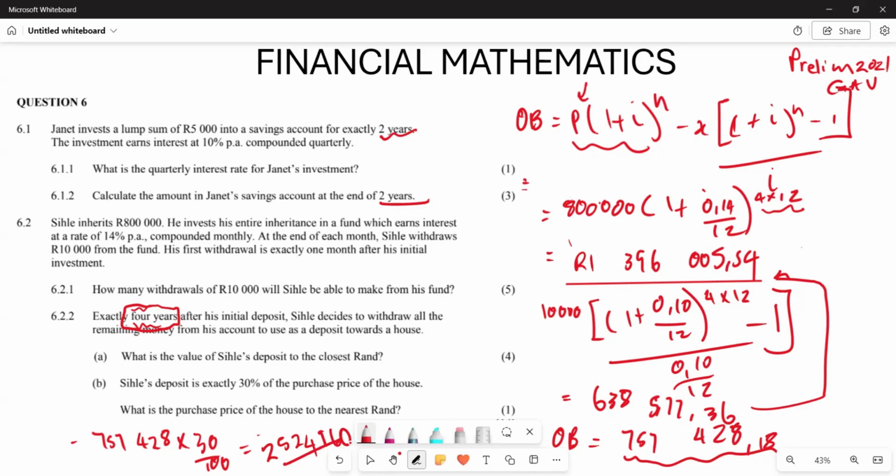Or rather, this is not necessarily the deposit, this is what is going to be your purchase price, right? This is going to be the purchase price, not the deposit. This is going to be the purchase price.